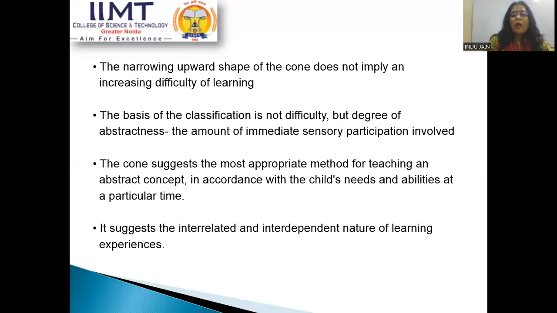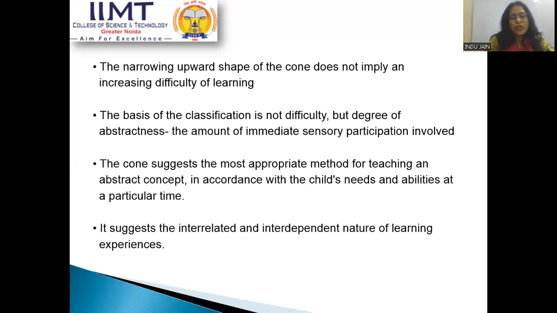Abstractness means the amount of immediate sensory participation involved. Abstract means indirect experiences. This cone also suggests the most appropriate method for teaching an abstract concept in accordance with the child's needs and abilities at a particular time.